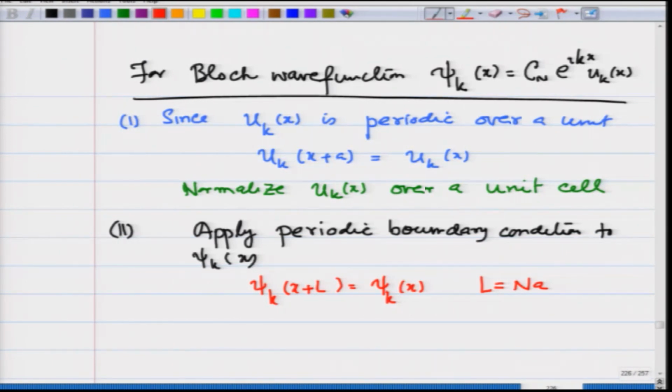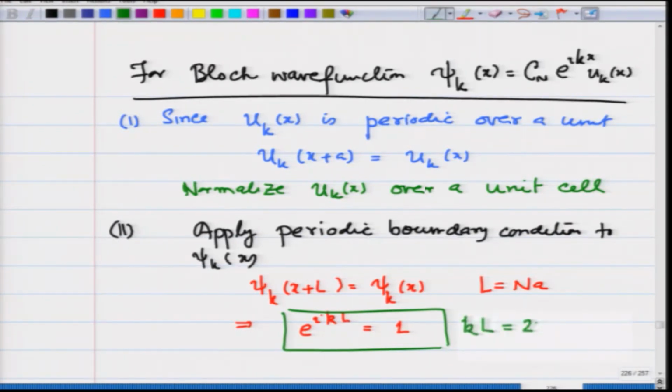Since u k x is periodic over each cell, this simply implies that e raised to I k L is equal to 1. That is the result of applying periodic boundary conditions. I have not shown 1 or 2 steps here because they should be easy for you now, taking into consideration that u k x is periodic over each unit cell, and this gives k L equals 2 pi n, where n equals 0, plus minus 1, plus minus 2, and so on. So, it gives exactly the same result as in free electron case.